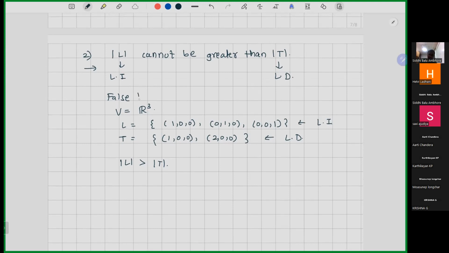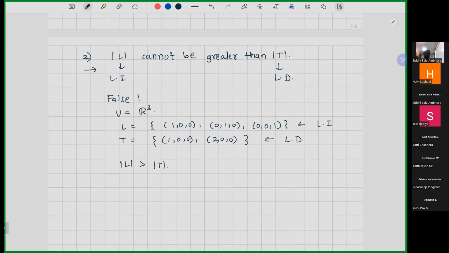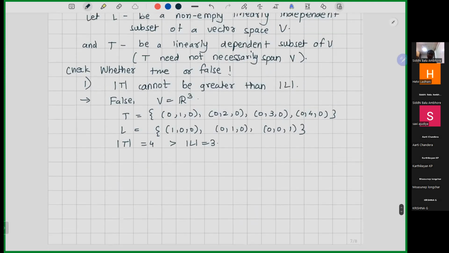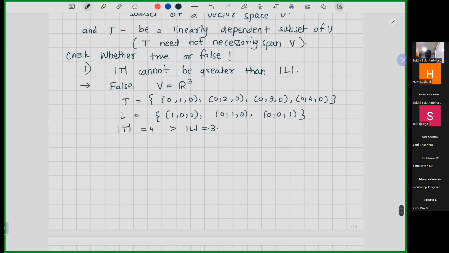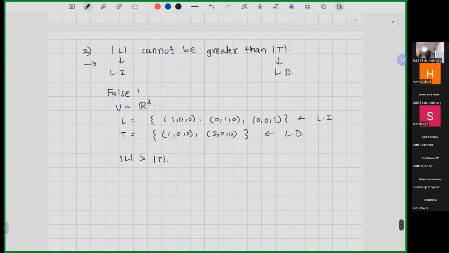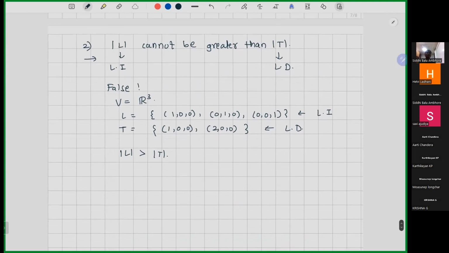So read the question carefully, like what it is asking. This hint given here, that T need not necessarily span V, is really important. So we are taking any random two elements which are linearly dependent, and that's why this is happening.